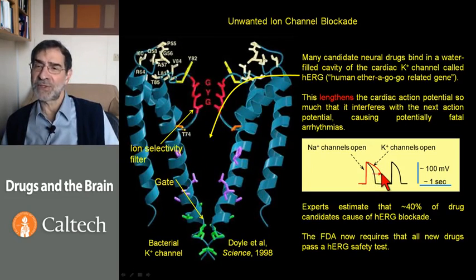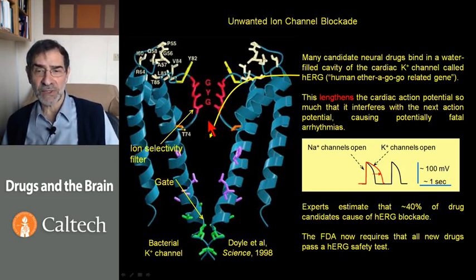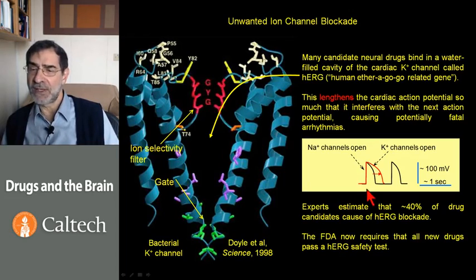But many drugs come and bind in this water-filled cavity here, and prevent the hERG channel from terminating the action potential. The action potential gets longer and begins to interfere with the start of the next action potential. This causes potentially fatal arrhythmias. For the cognoscenti, this is long QT syndrome. And in fact, experts estimate that 40% of drug candidates cause hERG blockade.